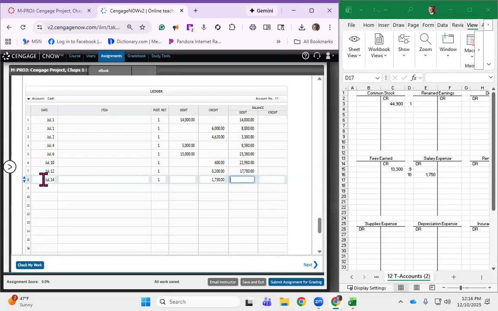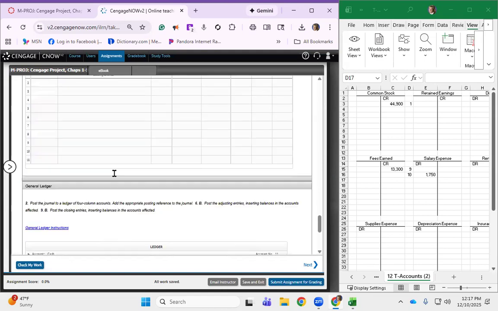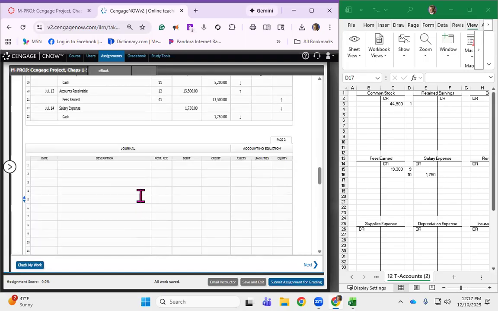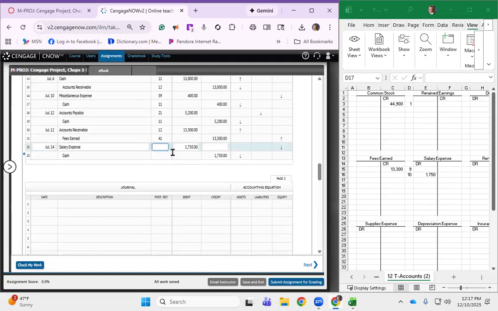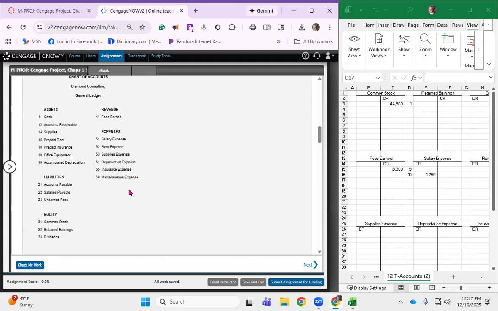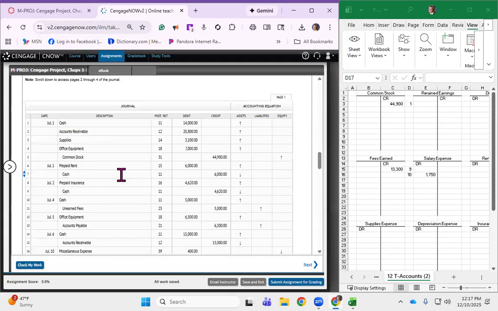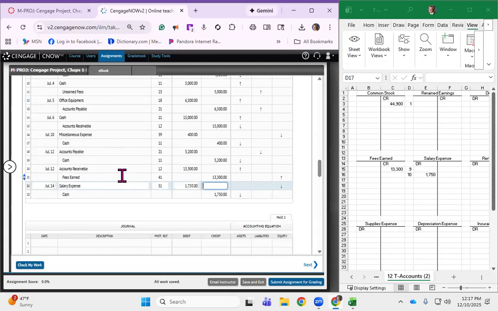I had 17,780 and I'm subtracting 1750. The new balance in cash is $16,030. Close the account. Okay. Go back up here to put the account numbers in as your reference. So salary expense is a 51 and cash is 11.